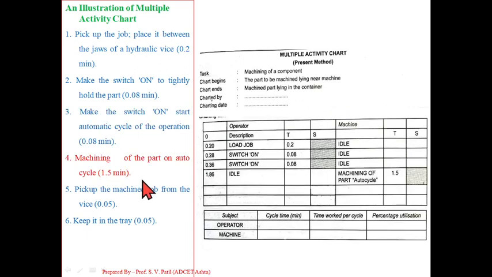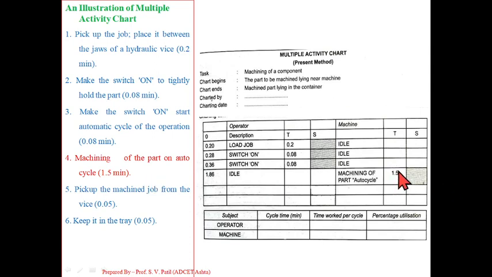The fourth activity, that is machining of the part on auto cycle. As far as this fourth activity is concerned, this will be performed by the machine itself. The worker is idle during that time, so here we'll mention for the operator, idle. As far as the machine part is concerned, machining of the part cycle, and it is for 1.5 minutes.